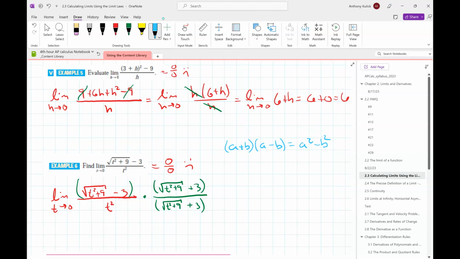This is a great option because in our case, a is the square root of t squared plus 9, and b is 3. When I look at a squared, what's going to happen? The square is going to cancel the square root. And then what's b squared? 9. So I'm just going to end up with t squared plus 9 minus 9, and great things start happening.